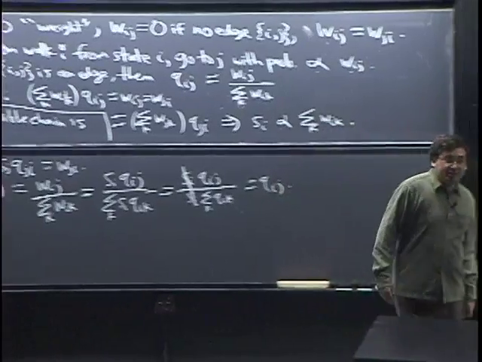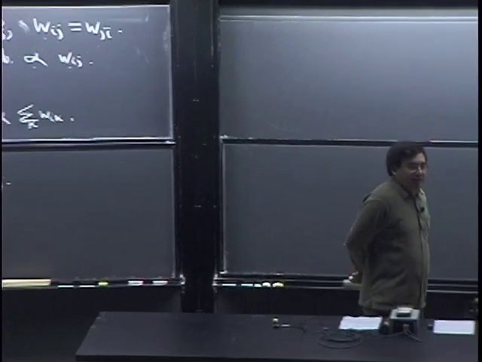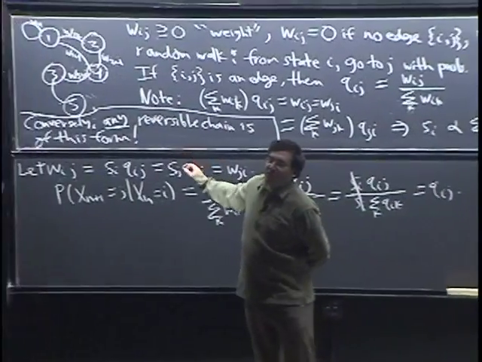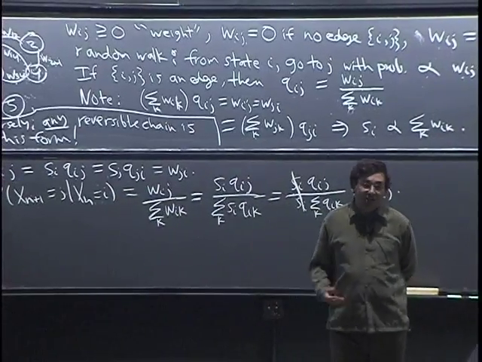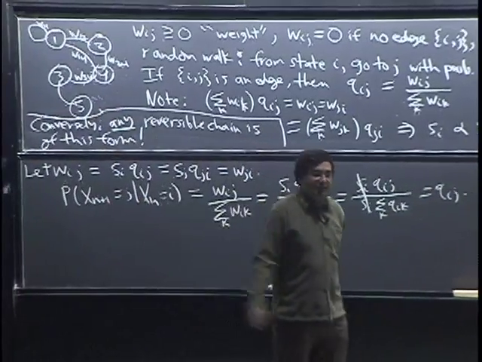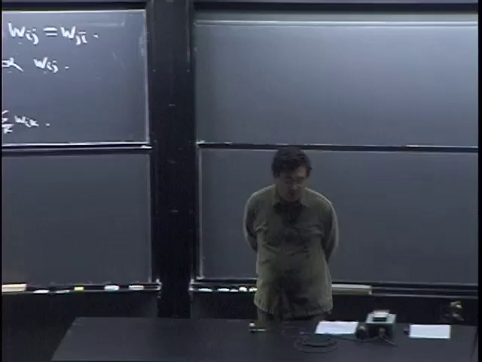So in other words, this chain that we constructed has the desired transition probabilities. Okay, so this is the quintessential prototypical example of a reversible Markov chain. It's a random walk on an undirected network where possibly we put some weights on the edges. So that's the reversible case.